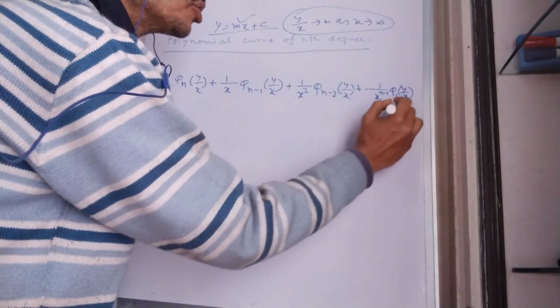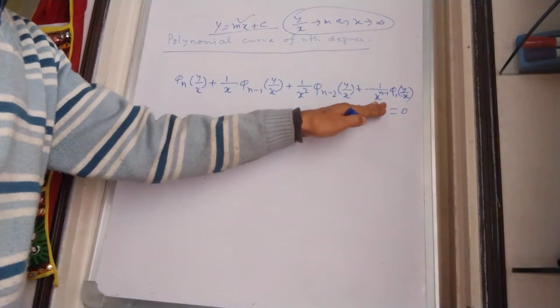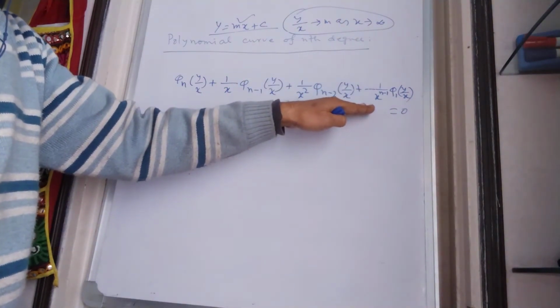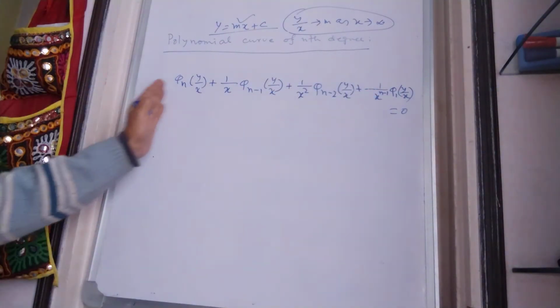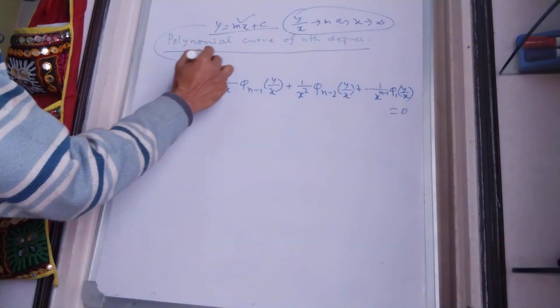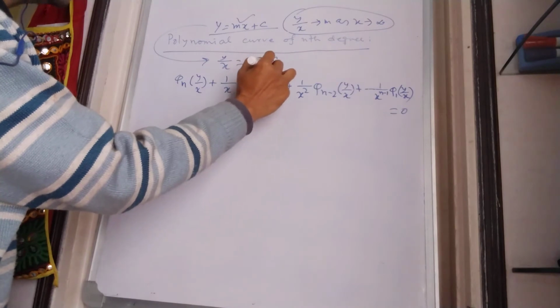Since we have chosen the curve which passes through origin and we do not have any constant term here, if we would have a constant term here, it will be written as d or any constant by x to the power n, since we have divided all the terms by x to the power n. Now see that from here we have y by x equal to m plus c by x, simple.